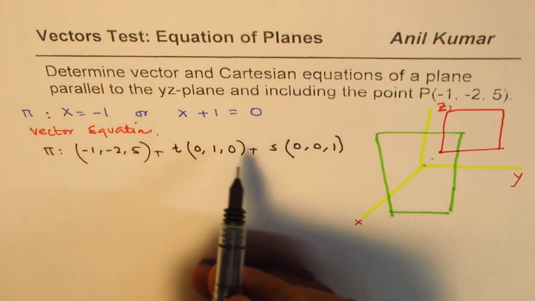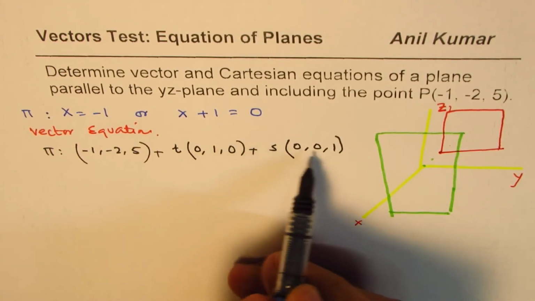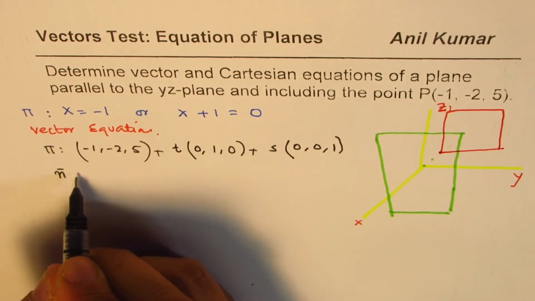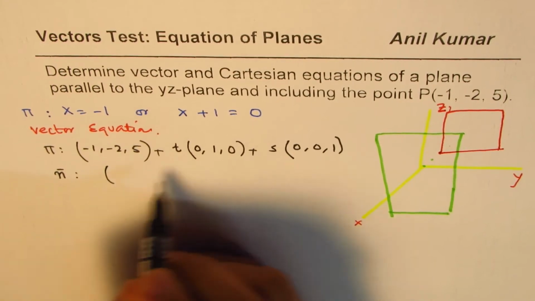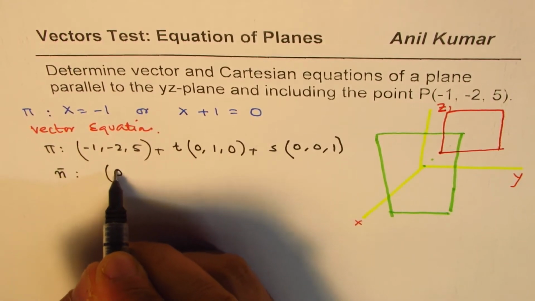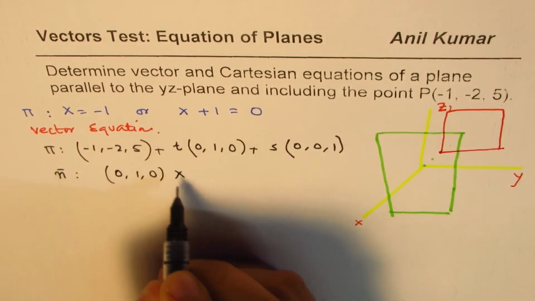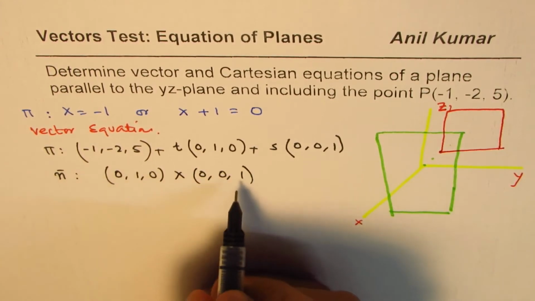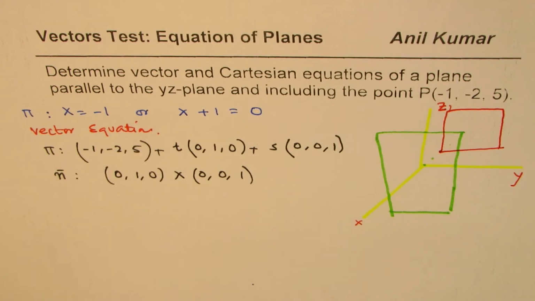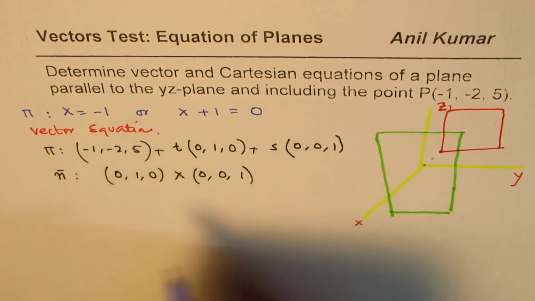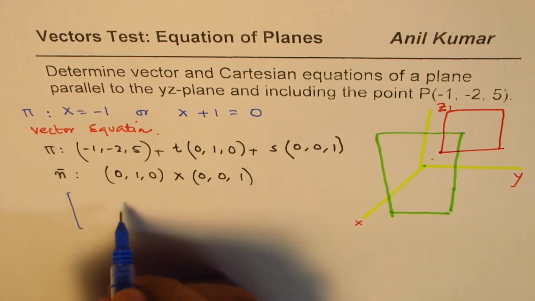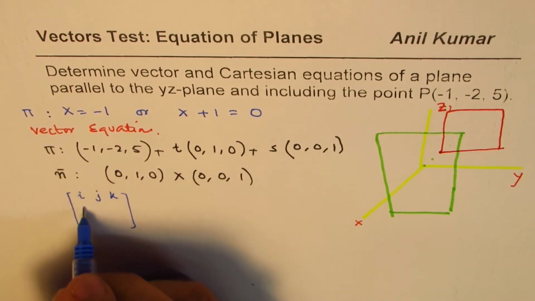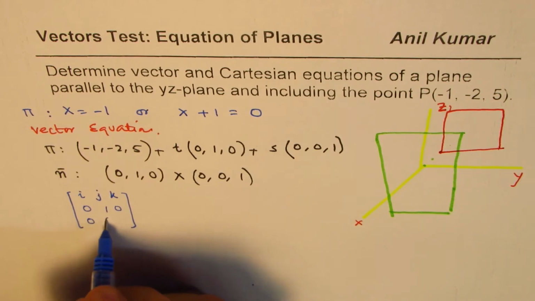To get the Cartesian equation, we can do cross multiplication of these two to get the normal. So let's find what the normal is. The normal is the cross product of these two, that is 0, 1, 0 cross product with 0, 0, 1. Now you could use the matrix method. So we have I, J, K and 0, 1, 0, 0, 0, 1.